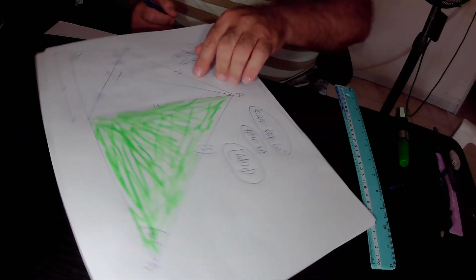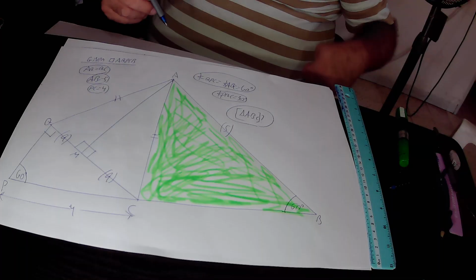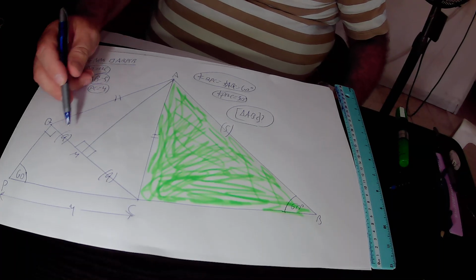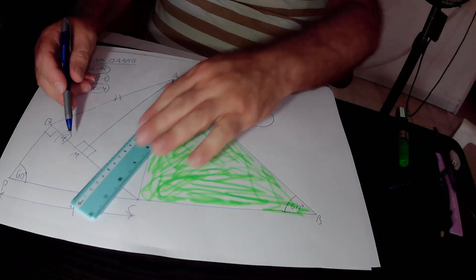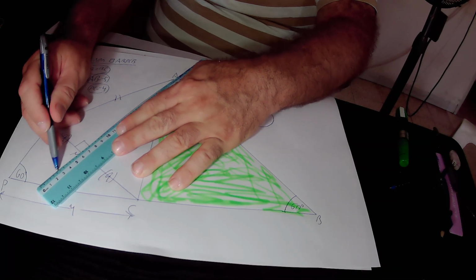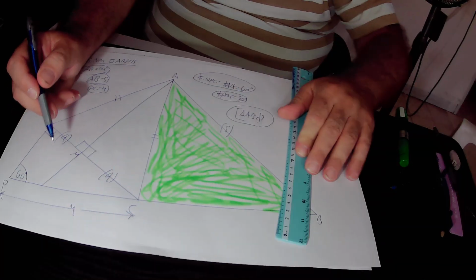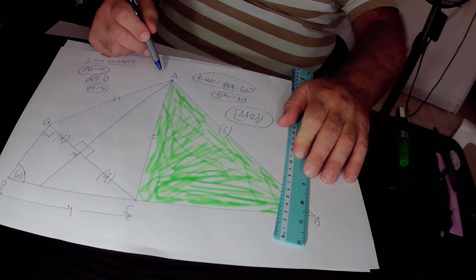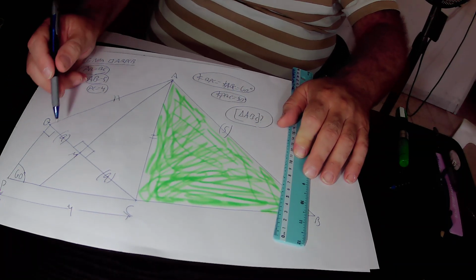Okay, so the next step we'll extend the perpendicular AM by a straight line until it touches side PC. And we define the touching point of the extended perpendicular AM with side PC.